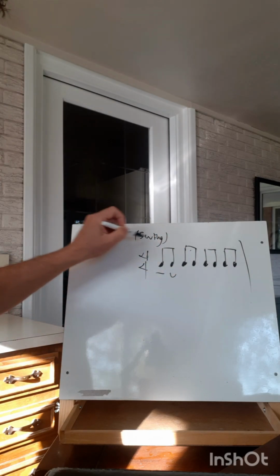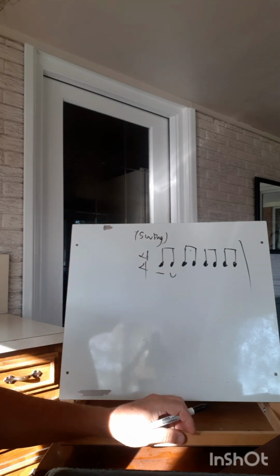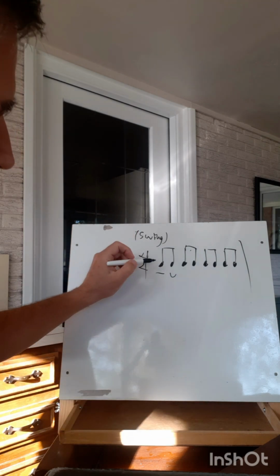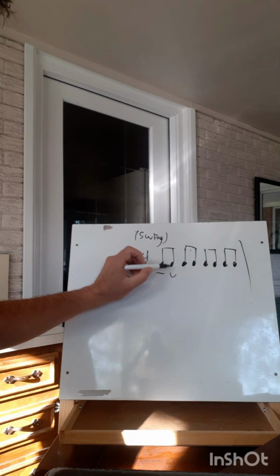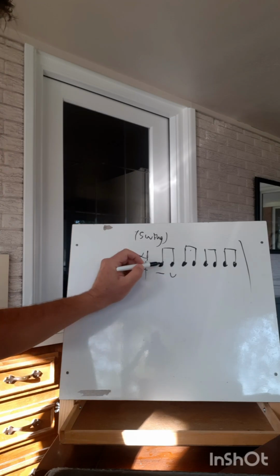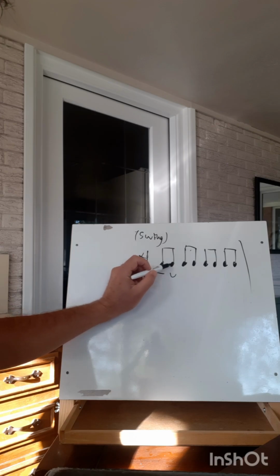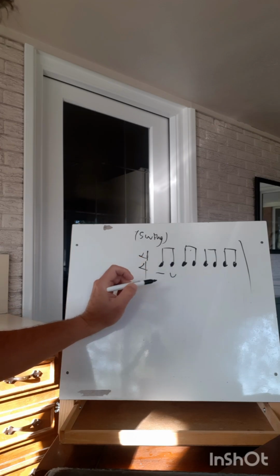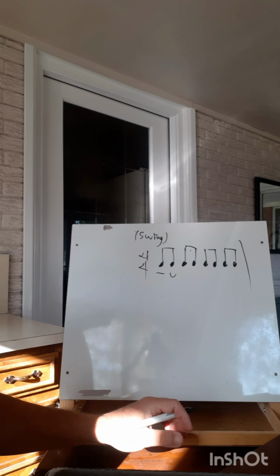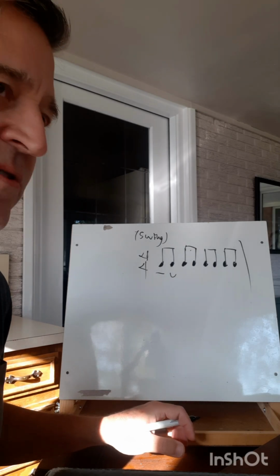And so if you write swing at the beginning, then you're going to let the player know that they're going to lengthen the first note and shorten the second note. Now, how much length you give to the first note and how little length you give to the second note, that's where it gets into stylistic differences.